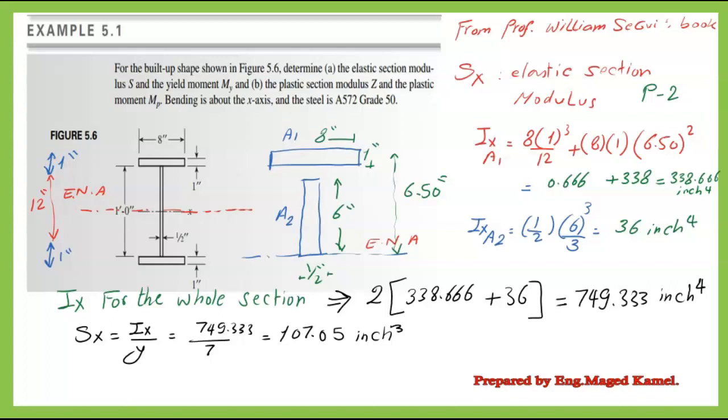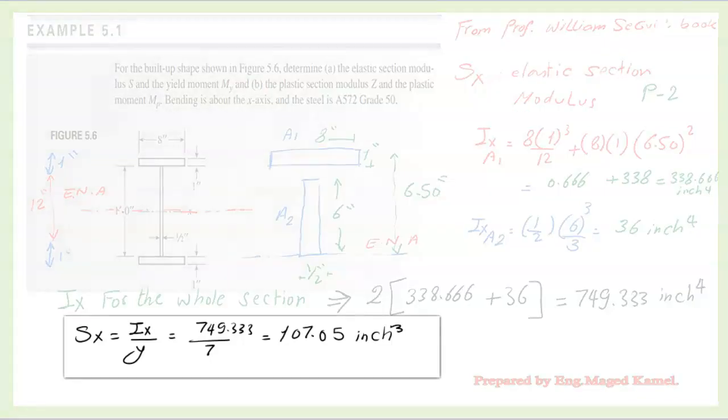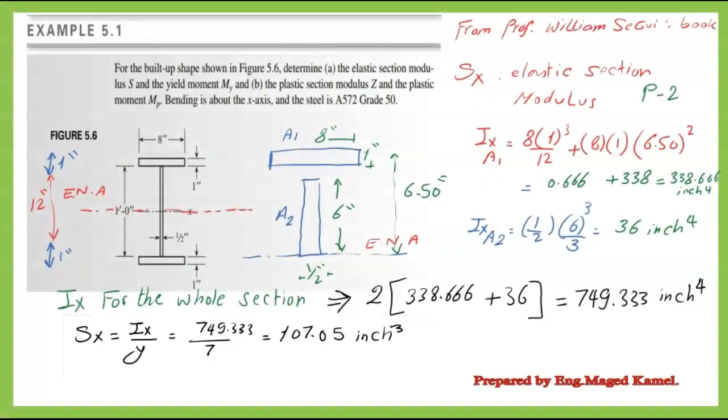Adding Ix1 plus Ix2 and then multiplying by 2, we will have Ix equals 749.33 inch 4. The value of the section modulus is equal to 749.33 divided by 7 equals 107.05 inch cubed. This is the first requirement in part A.